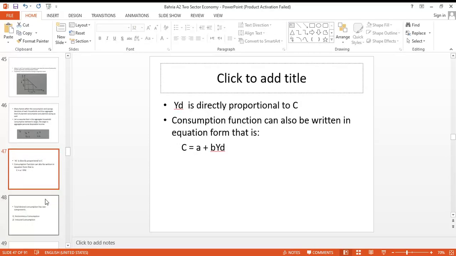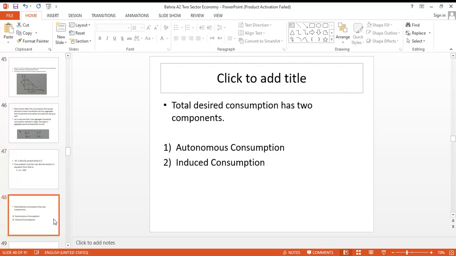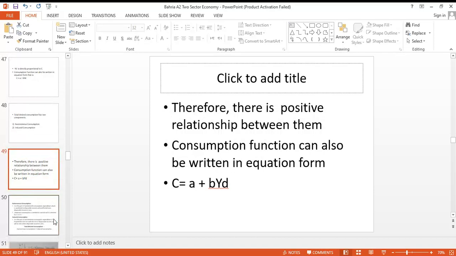Now you can look at this equation and you can immediately say that consumption has a positive relationship. When income rises, when disposable income rises, the consumption also rises. Why? Because there is a positive sign before BYD. Again, as I told you, there is the autonomous element and there's the induced element in consumption.